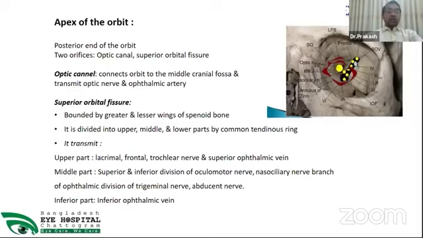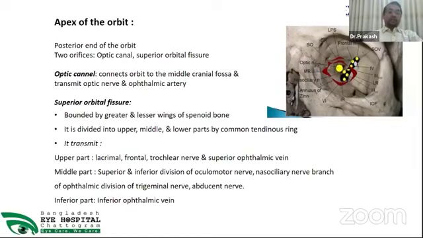And the superior orbital fissure, as all of you know, is bounded by the greater and lesser wings of the sphenoid bone, and it is divided into three compartments, upper, middle, and lower, by part of the common tendinous ring. Through the upper compartment, it transmits the lacrimal, frontal, and trochlear nerves, and the superior ophthalmic vein.